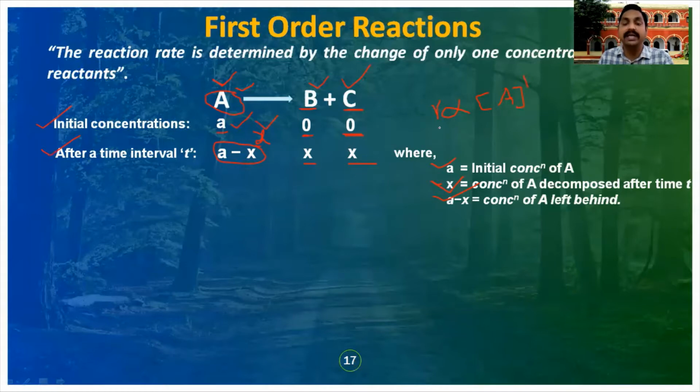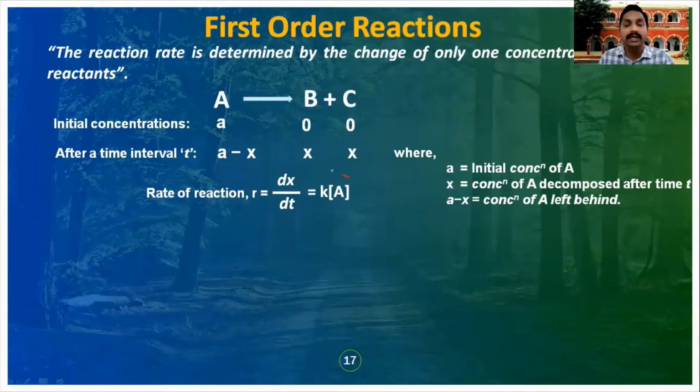Let us take the proportionality constant as small k, which is known as rate constant. Thus rate R, which is also equal to dx by dt, is equal to k into concentration of A.